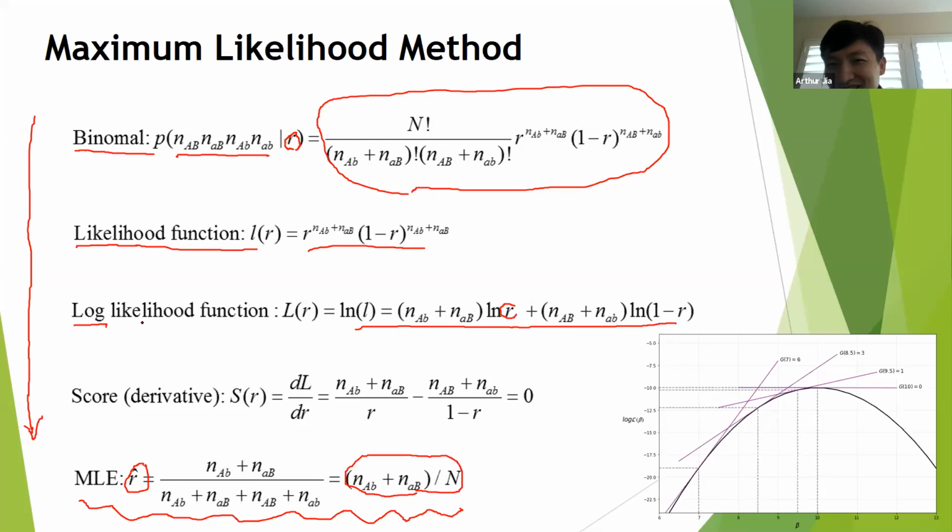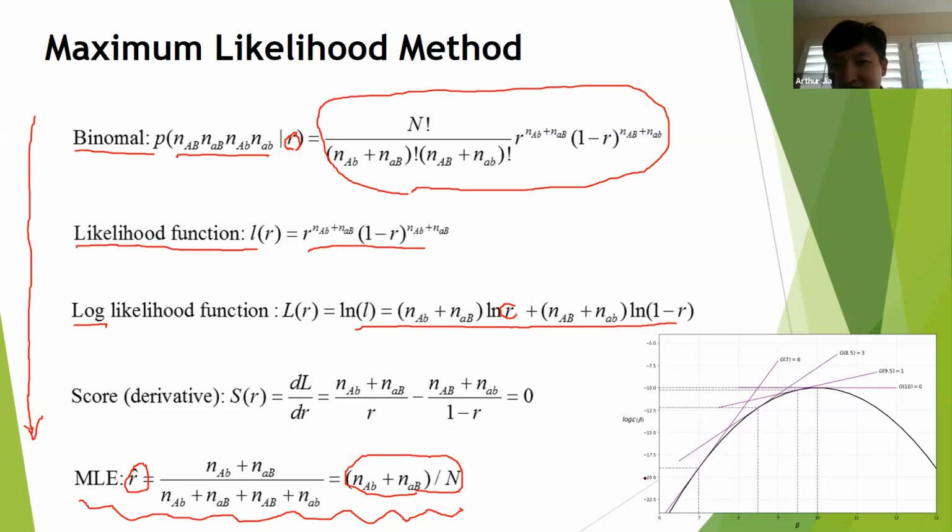Okay, so now we have successfully constructed the log likelihood function, and the next step is how we can use this function to help us identify the optimal value for R, which can maximize this log likelihood function.